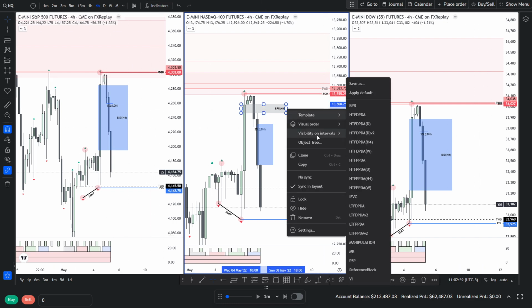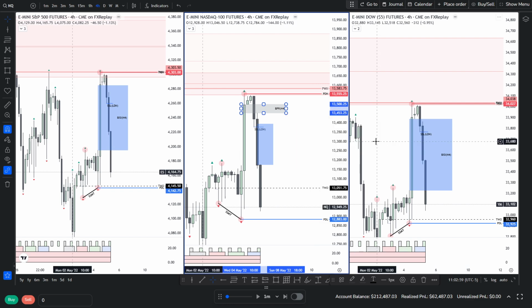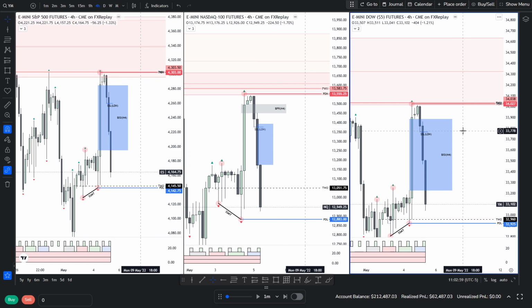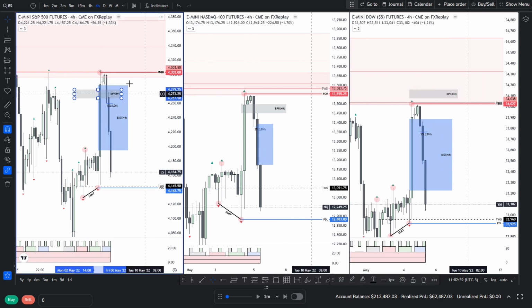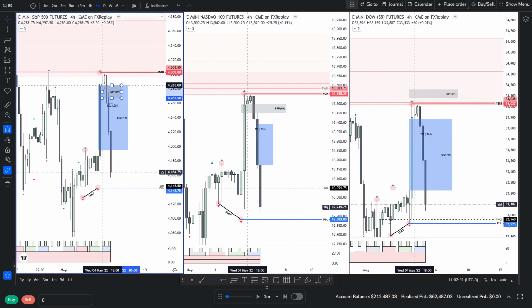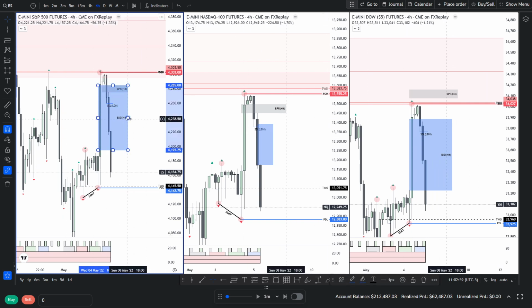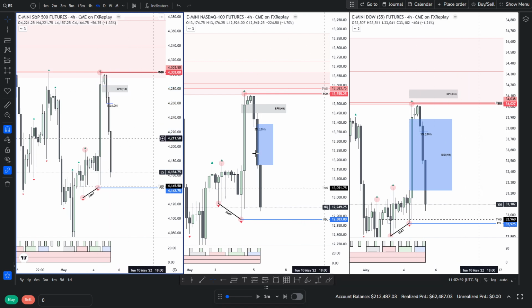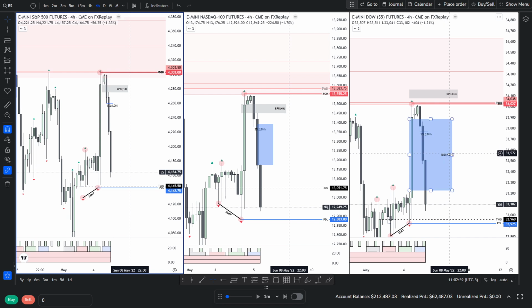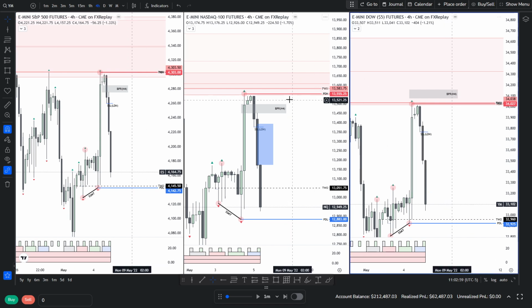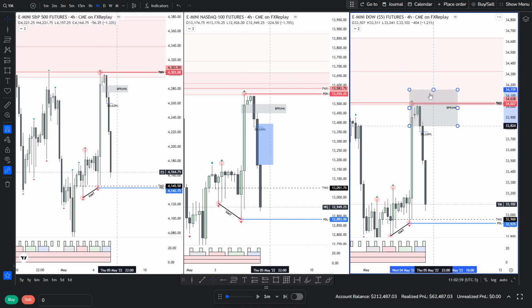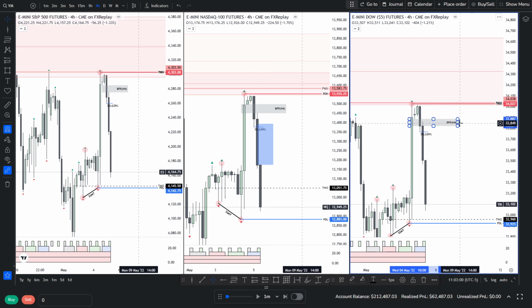Sorry, just want to mark the BPR on the other assets as well. Get rid of that. Okay.